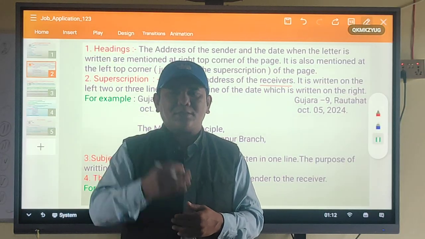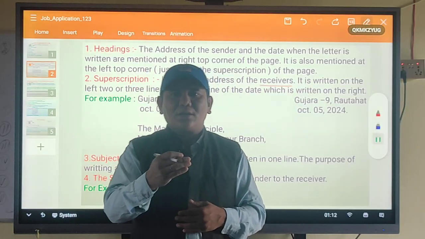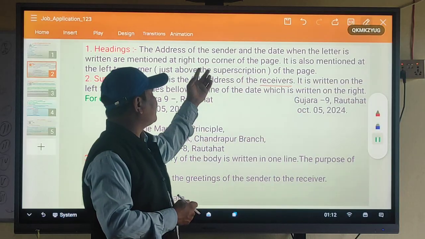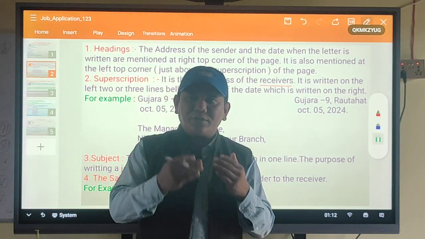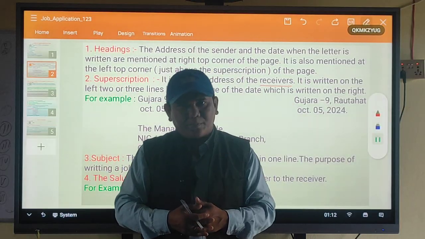In this first step, the address of the sender and the date when the letter is written at the top right as well as left corner of the page.